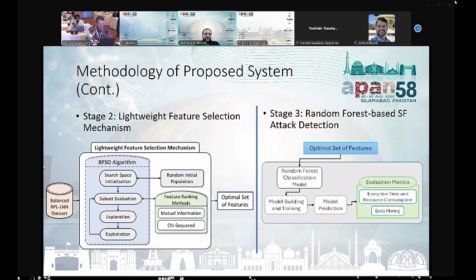After that, these features are passed to the exploration and exploitation phases, which are the phases of the binary PSO algorithm. After the algorithm is completed, the optimal subset of features is passed to the next stage, the random forest-based selective forwarding attack prediction, for building and training the model and making predictions, and we get the results in terms of execution time, resource consumption, and also the data mining metrics.